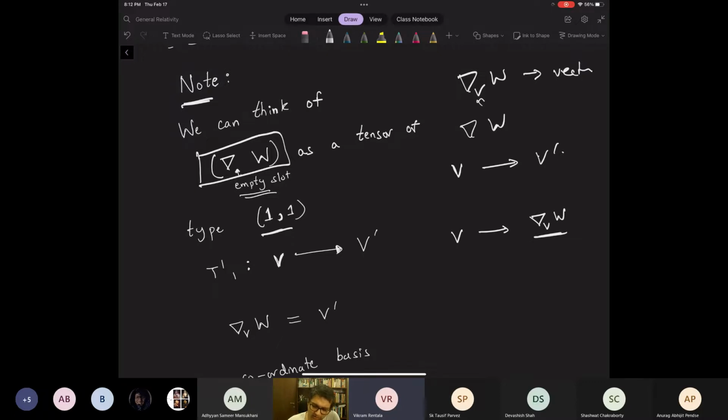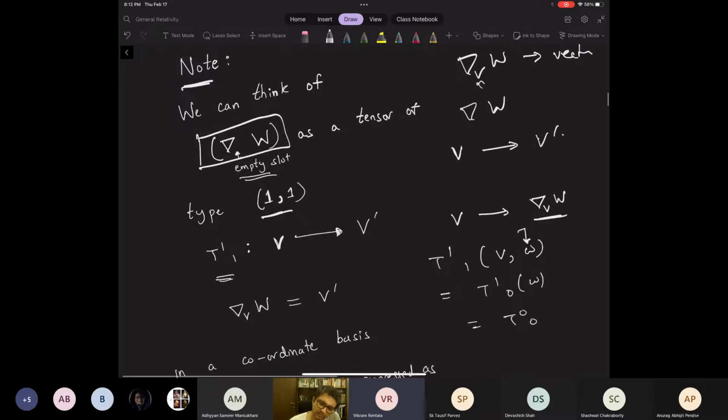That's exactly what tensors of type (1,1) do. What do tensors of type (1,1) take? They take a vector and a dual vector as inputs. If you feed a vector and a dual vector, then you'll get a tensor of type (0,0).